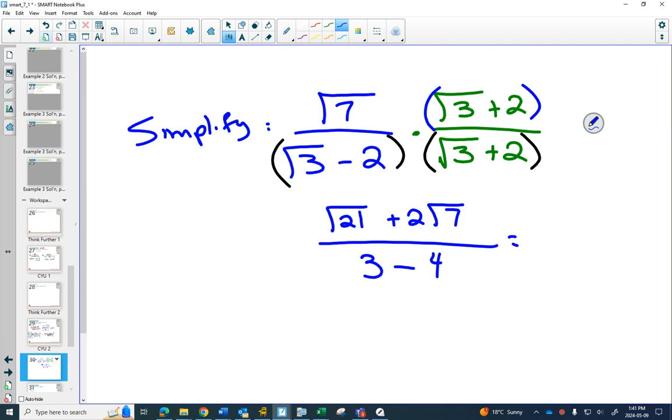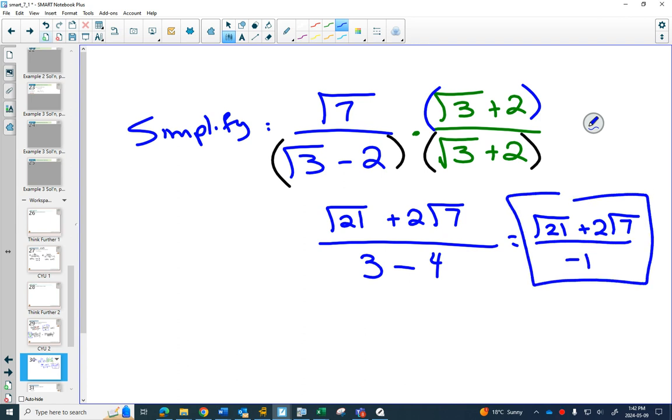So this, in simplest form, would be that answer. That is considered its simplest form because there's no longer a square root on the bottom. What did we have to do? We had to make a fraction in an equivalent form where there were no square roots on the bottom. Okay?